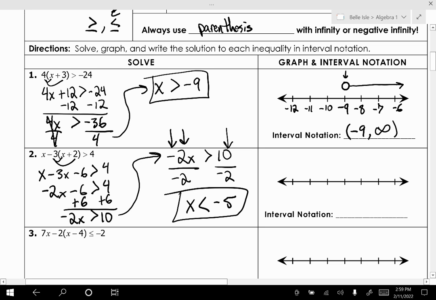Okay, let's go ahead and graph it. We have negative 5 on our graph. Then we have negative 4, negative 3, negative 2 on the positive side, and then negative 6, negative 7, and negative 8. Open or closed circle on negative 5? Put down what you think.